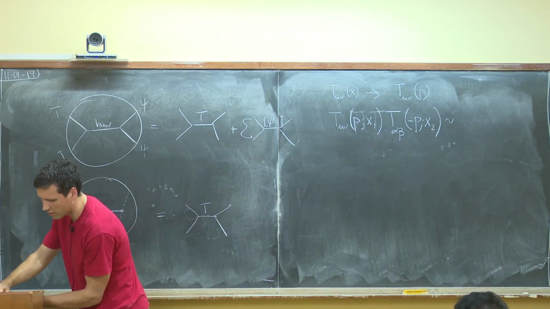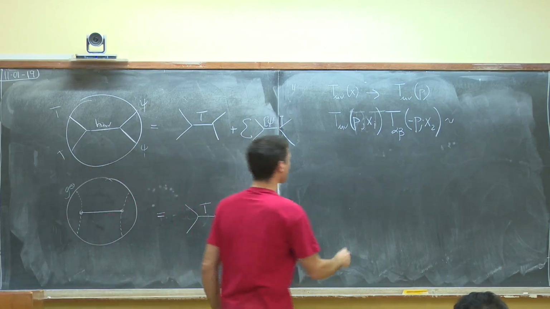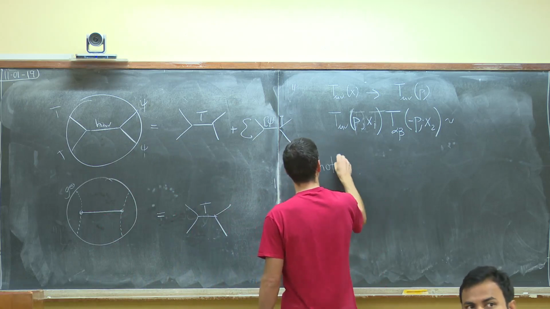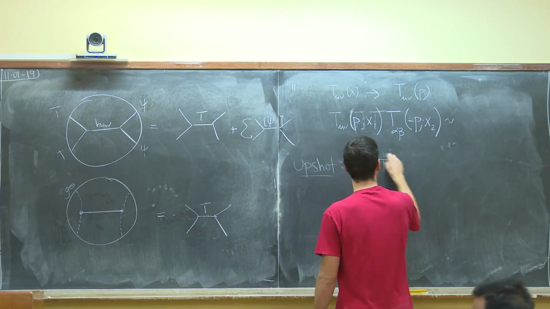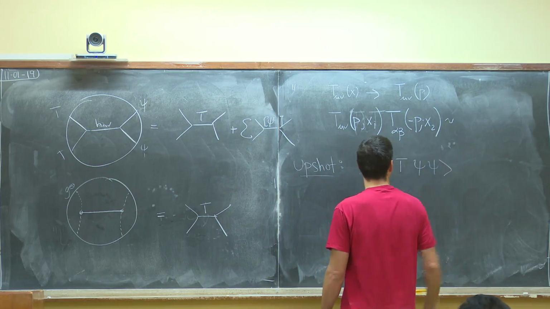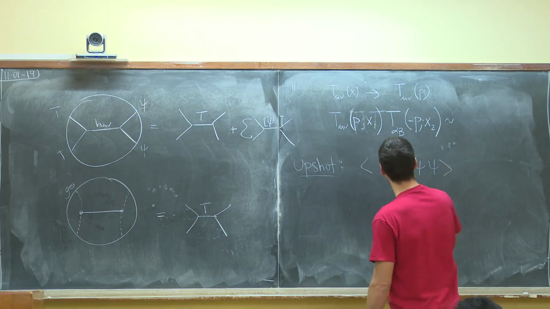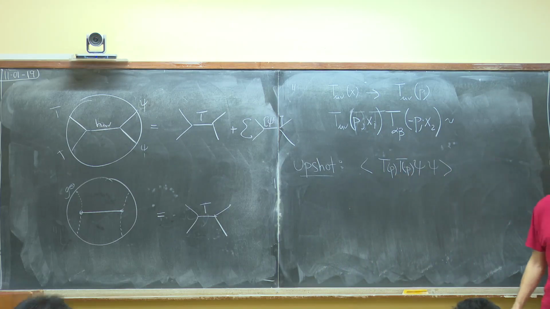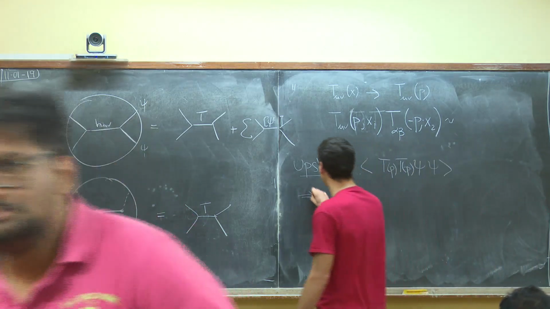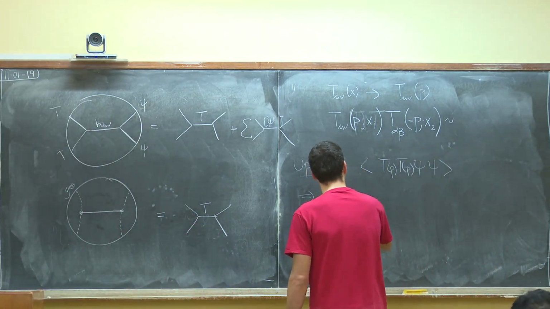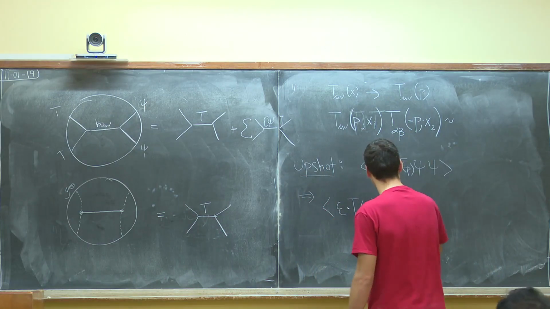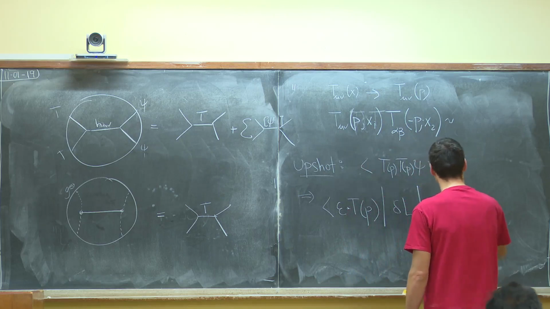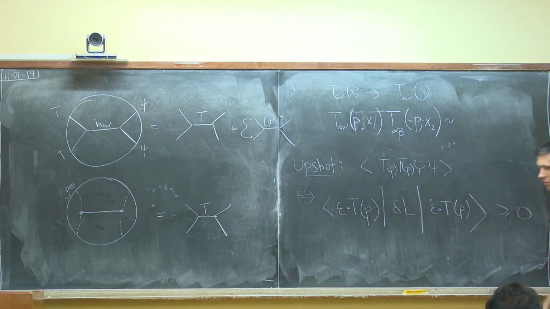Okay, so I know I glossed over some of this multi-trace stuff. It gets a little technical, but the upshot is that by studying TT psi psi, TT scalar scalar, with the stress tensors inserted in momentum space, you find the following positivity condition.